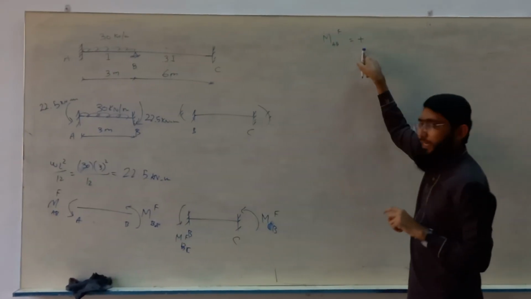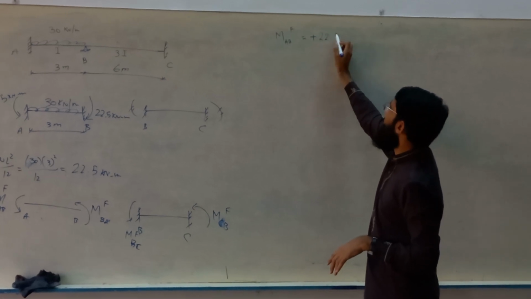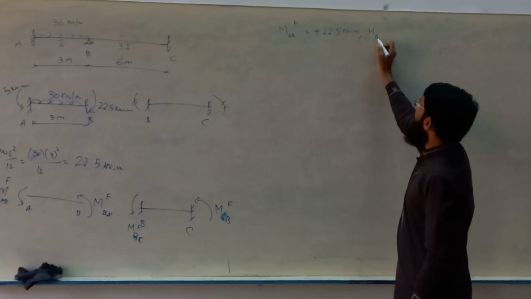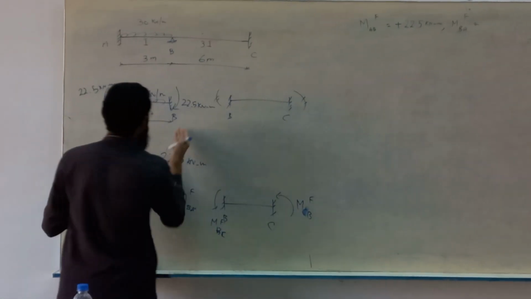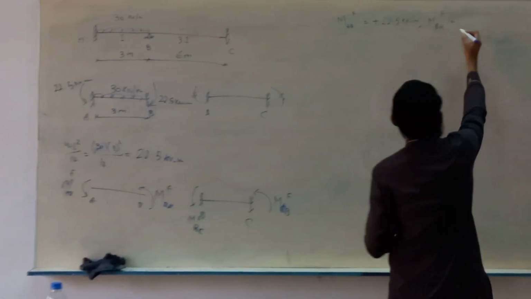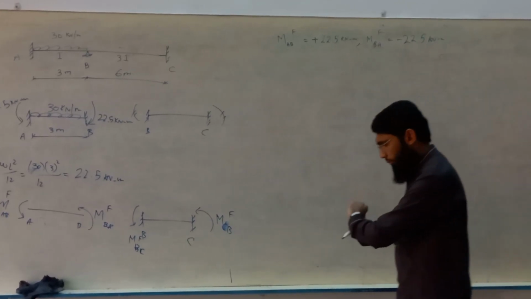I'm going to write a plus sign to reinforce that this could be a negative number, the negative sign. 22.5 kilonewton meter, and then MBA fixed is the same magnitude, but in the opposite direction to what we consider positive. So this is minus 22.5 kilonewton meter.